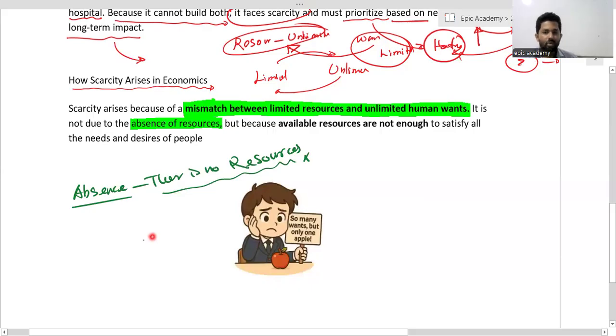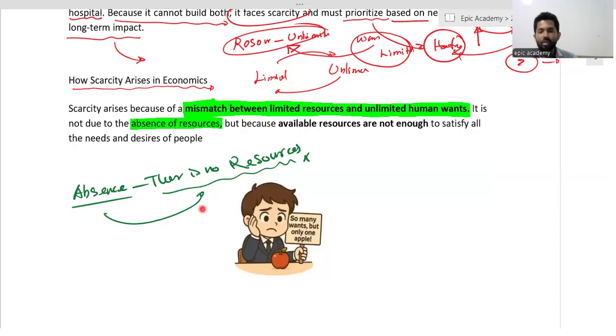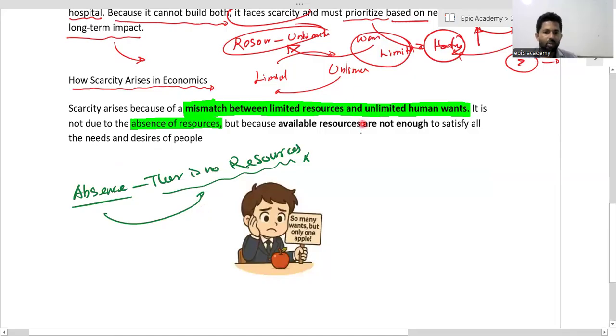In scarcity, we are not going to express something like that. That is why I say it is not due to the absence of resources. But because available resources are not enough, yes, we are going to say that. Available resources are not enough to satisfy unlimited wants.